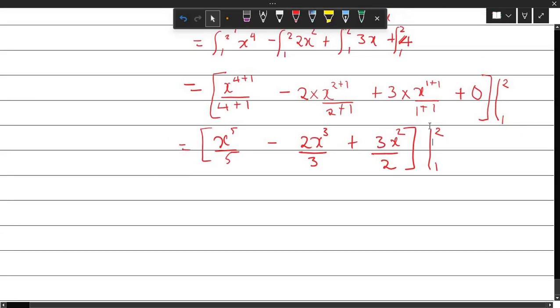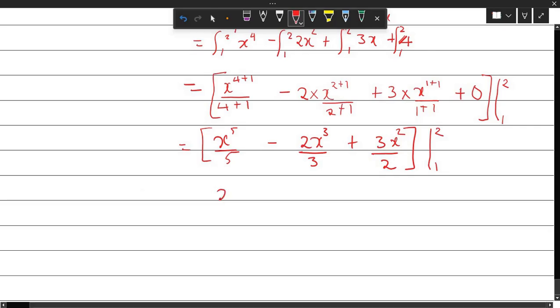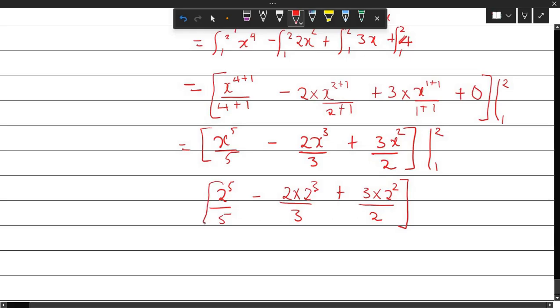So mind you, it is upper limit minus lower limit. Okay, so we say 2 to the power 5 over 5 minus 2 multiplied by, the upper limit, where there is x, we put 2 to the power 3 over 3 plus 3 multiplied by, where there is x, we put 2 to the power 2 over 2. So this is the upper limit.